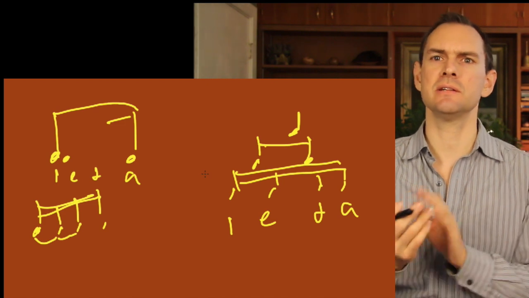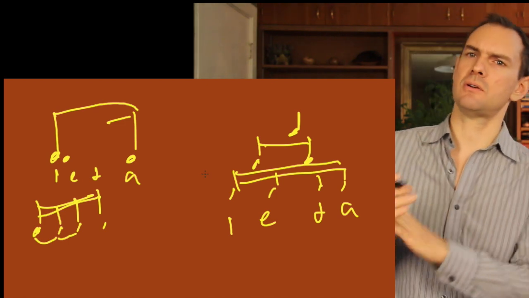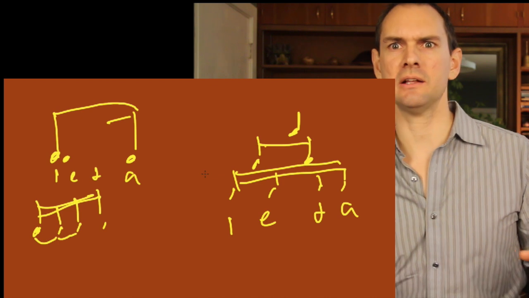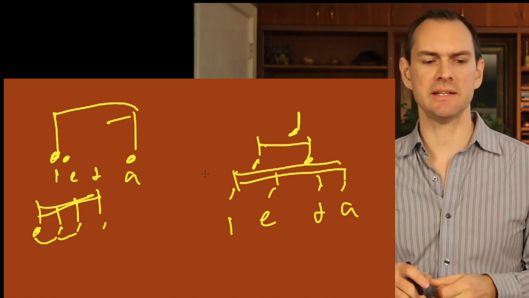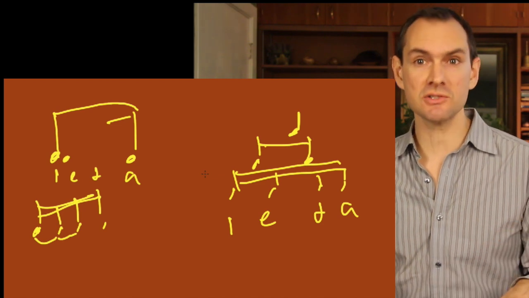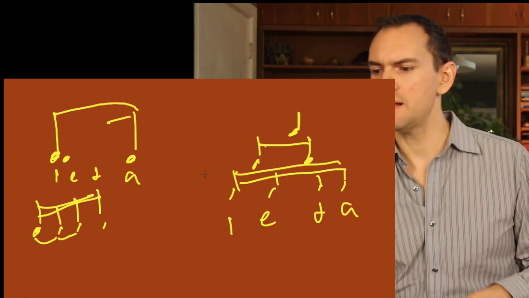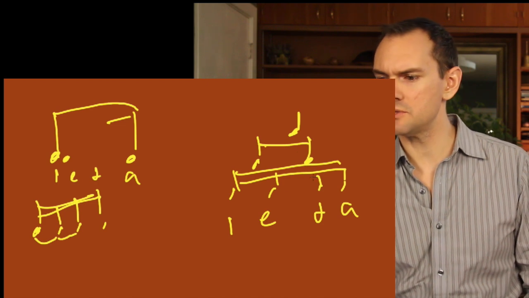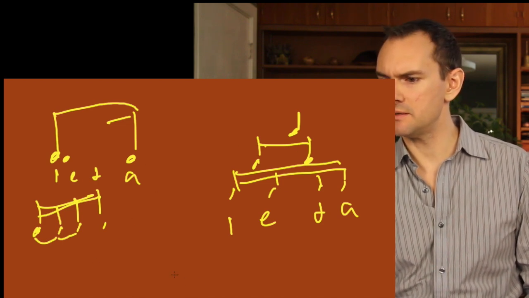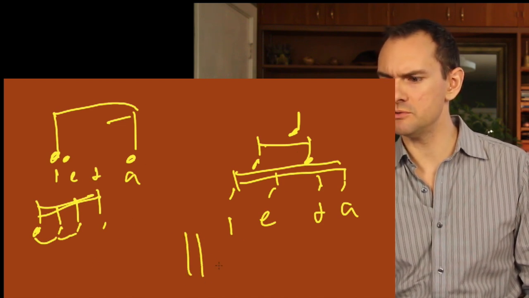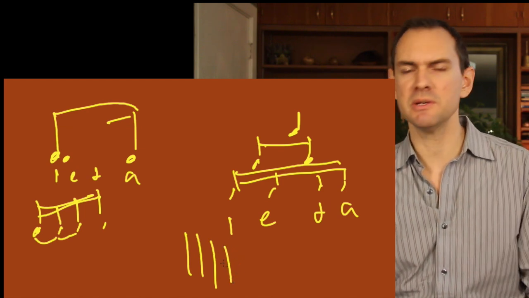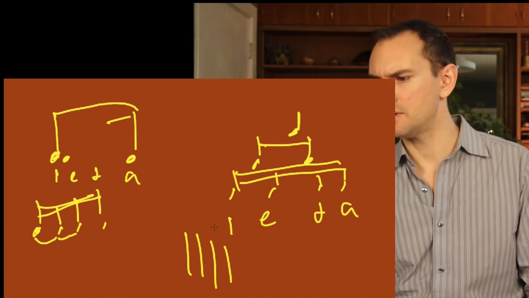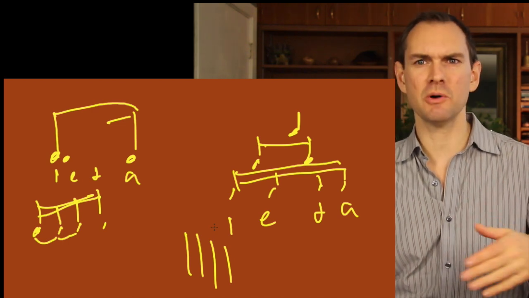It's not 1 E and da, da, da, da, like a big rush. It can't slow down either, because then it gets into a triplet, and it's just not clean. Especially with something like this Maestoso, you want it to be absolutely crisp. You want it to be really clean, really precise with the rhythm, almost like a march.